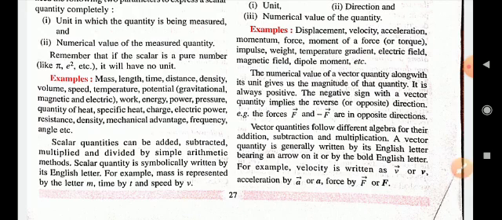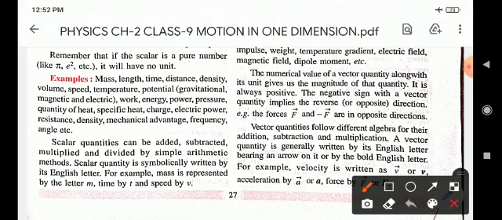Children, the unit of mass is the kilogram, the unit of length is the meter, the unit of time is the second, the unit of distance is the meter, etc. Scalar quantities can be added, subtracted, multiplied and divided by simple arithmetic methods.